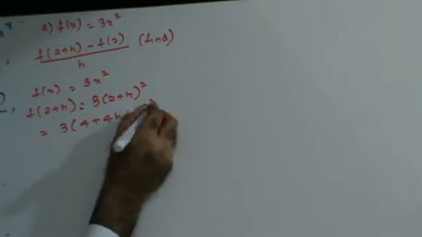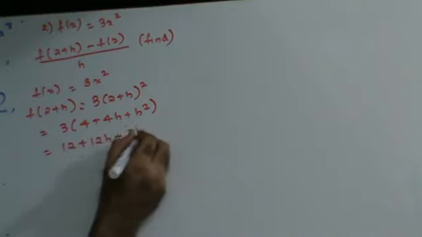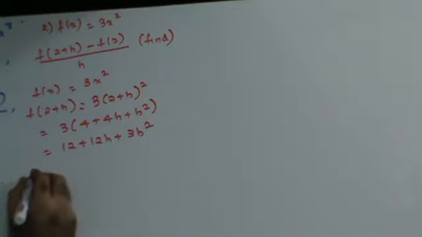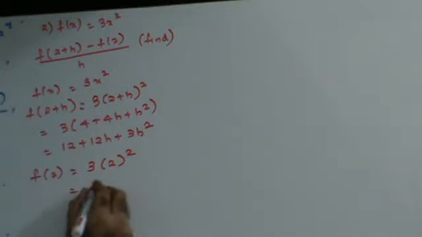So this is 3 into 2 plus h the whole square, 3 into 4 plus 4h plus h square, 12 plus 12h plus 3h square. Now, what will be f of 2? 3 into 2 the whole square. I am substituting x with 2 on the left hand side, I am substituting x with 2 on the right hand side. So 3 into 4, that is 12.